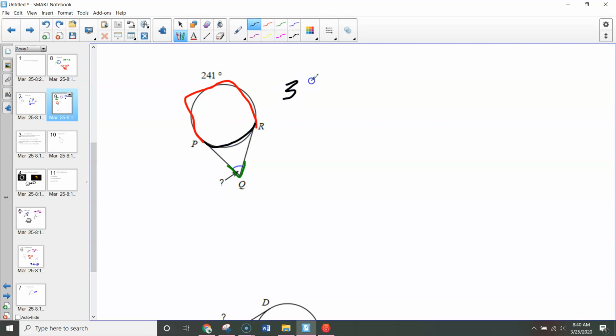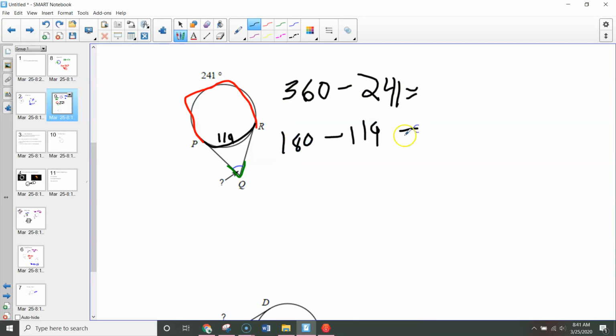I'm going to do 360 minus 241, which gives me 119. Okay, so that's this guy right here. Now in order to find this one, I need to do 180 minus the answer, and that gives me 61 degrees, which goes right here.